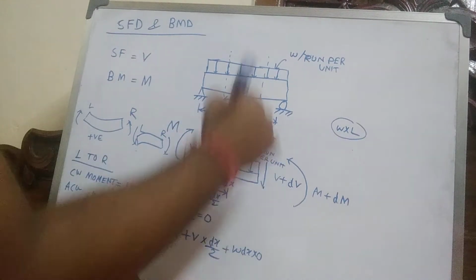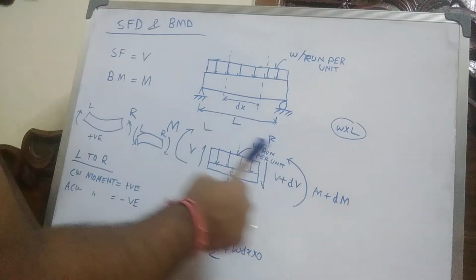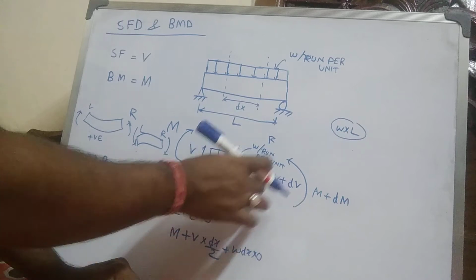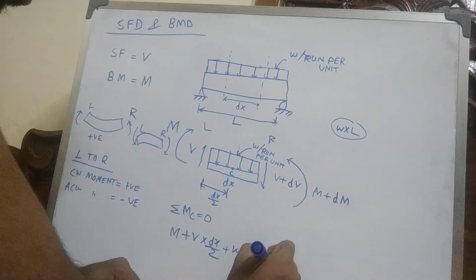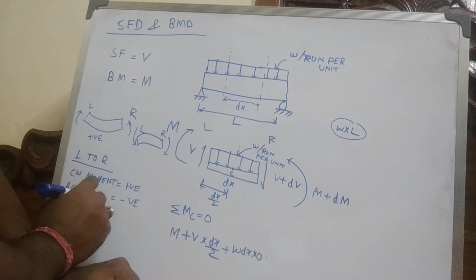On the left side, the load into distance in the counterclockwise sense means anti-clockwise moments are negative.